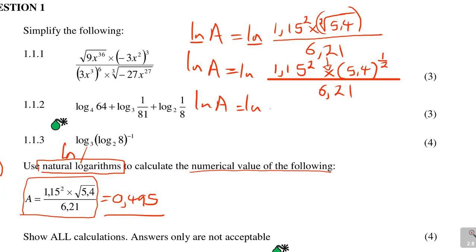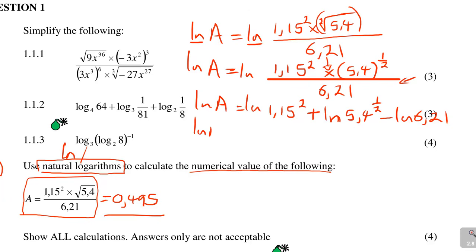So what you have is ln 1,15 to the power of 2 plus, because of the times, ln 5,4 to the power 1 over 2. The division line means minus ln 6,21. That's all that you need to know. When it's division, you subtract. When it's multiplication, you add. These are the laws of logarithms.